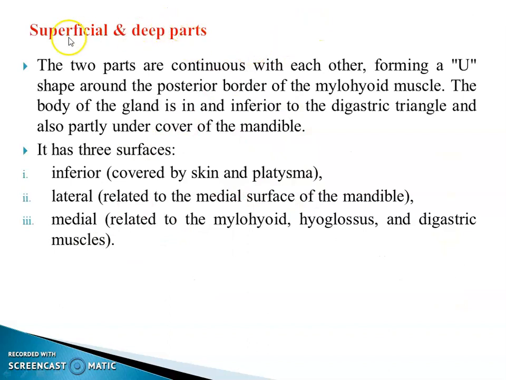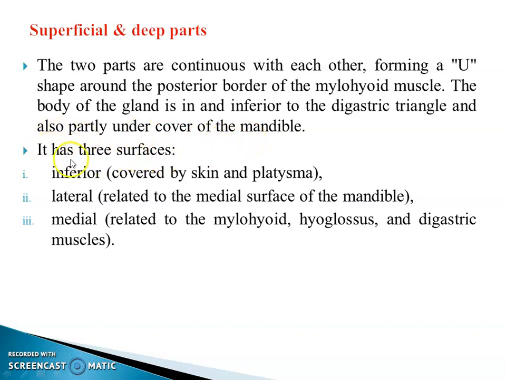Then we'll see in detail about the superficial and deep part. The two parts are continuous with each other, forming a U-shape around the posterior border of the mylohyoid muscle. The body of the gland is in and inferior to the digastric triangle and also partly under the cover of the mandible.